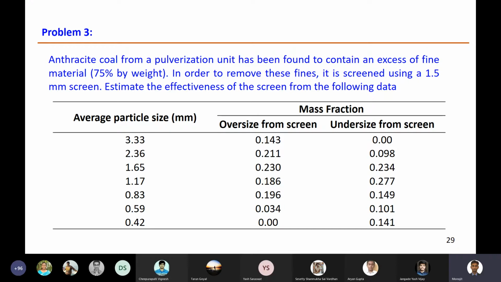So what do you understand by looking into the table? What data is given here? What does the first column stand for here? The second column, oversize from the screen. Product. Yeah, that is a more matured answer. But what do you understand from this oversize of the screen? How we got this data or this column itself?